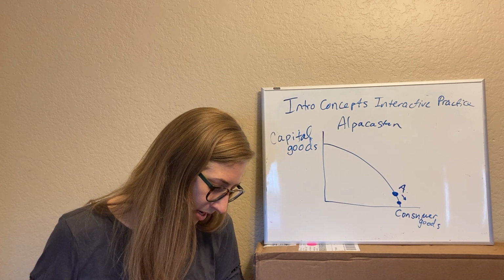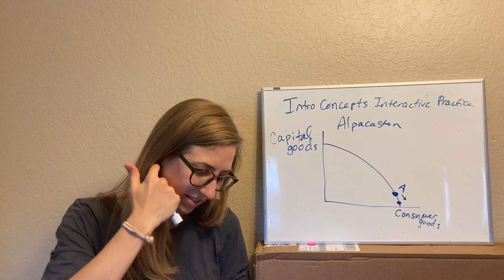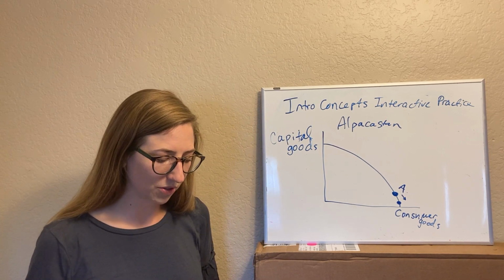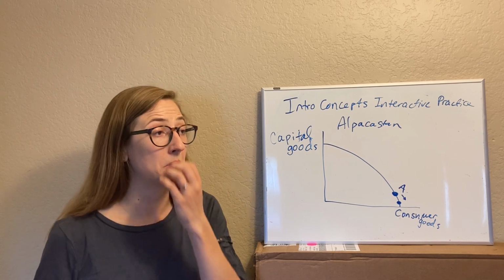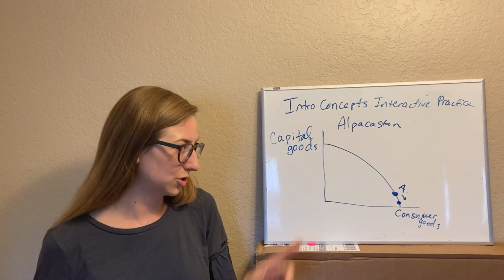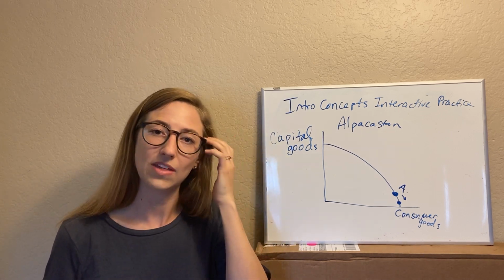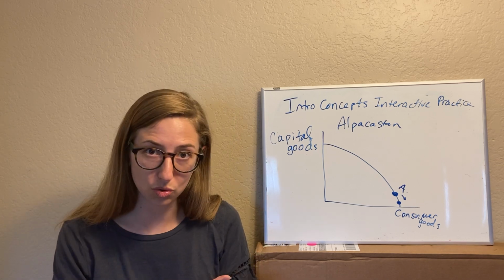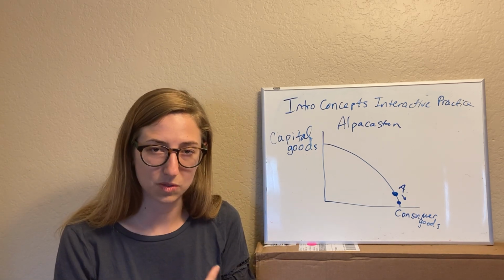Cool, all right. Then part C, if Pakistan starts producing more capital goods, how will its future ability to produce change? If they had produced more capital goods, which is different than what we see in this scenario, that means they're producing more machinery, more tools, more transportation systems, right?